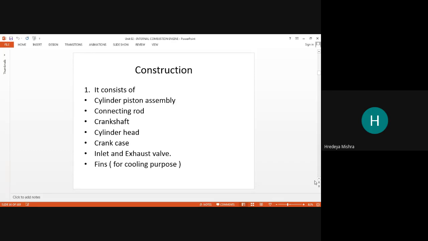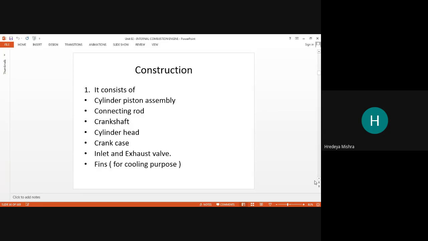Here is the construction of the four-stroke diesel engine, which is much similar to the petrol engine. Cylinder and piston assembly is the same. Connecting rod is the same. Crankshaft is the same. Cylinder head is the same. Crankcase is the same. Inlet and exhaust valves are the same, and fins are the same.